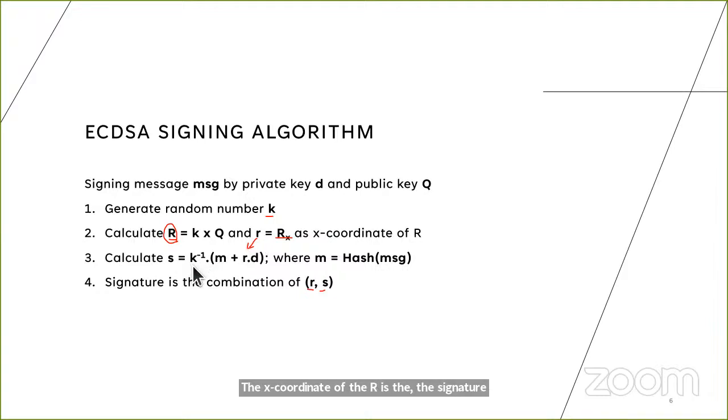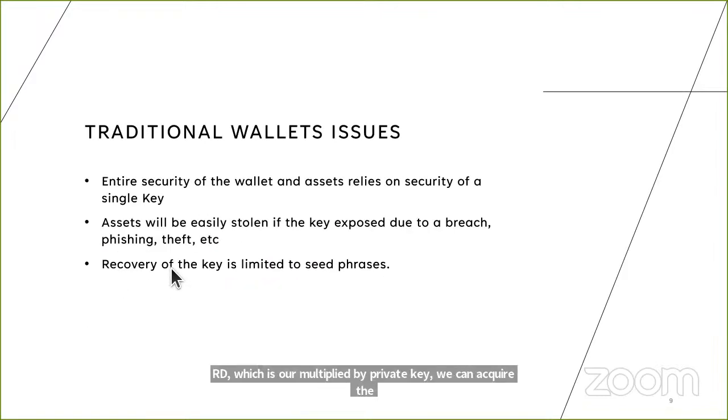Then, multiplying K inverse by M plus rd, which is r multiplied by the private key, we can acquire the S parameter of the signature.